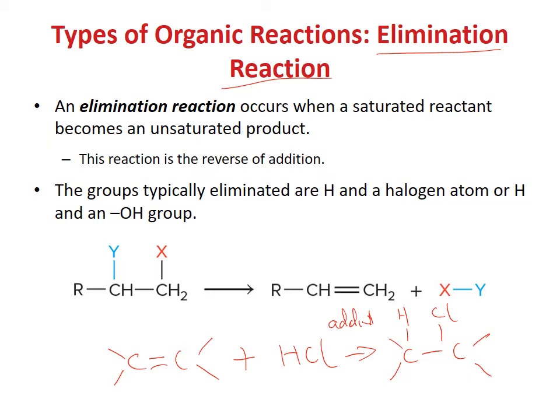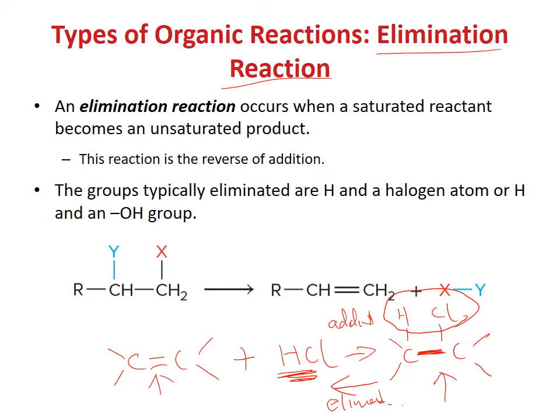Now the reverse reaction is the elimination reaction. In elimination reaction, the reactant is a saturated compound with a single bond, and this comes off as HCl, a small molecule. At the same time, the carbon-carbon single bond becomes a double bond.